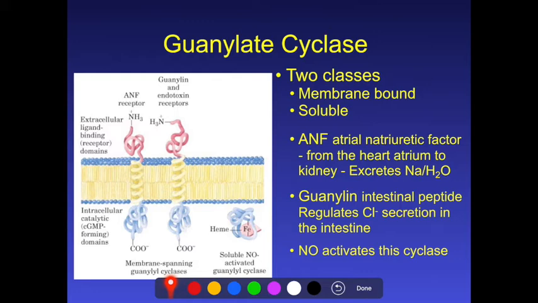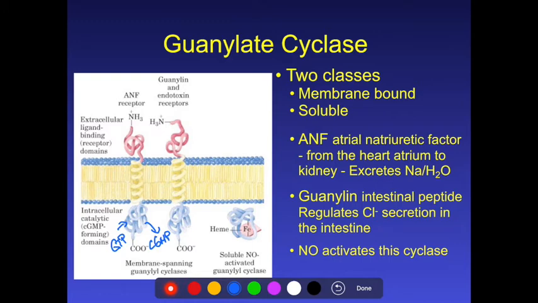Now, whatever the signal is, a particular factor or molecule will come in and bind to the receptor. They're different shapes for different targets. Essentially, the binding will cause conformational changes, and this enzyme will upregulate. It will take the GTP, bring it in, and it will kick out cyclic GMP, which will cause function.